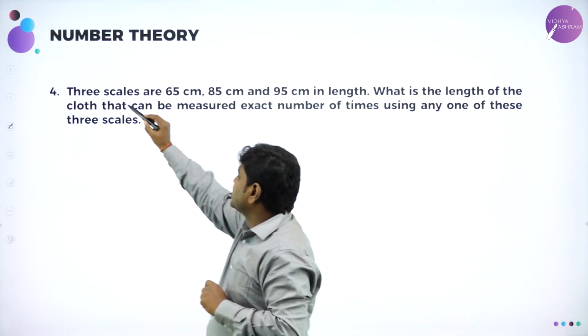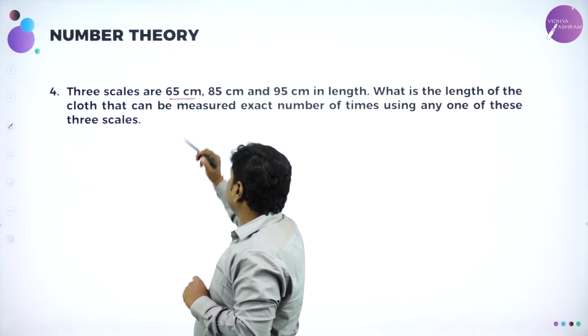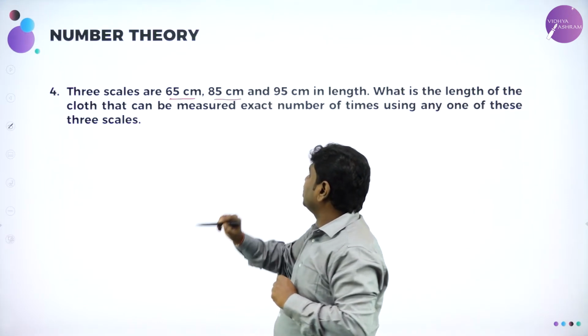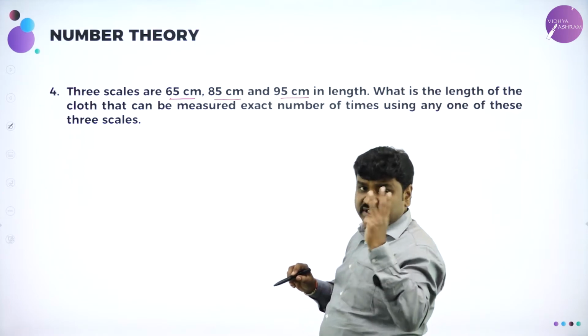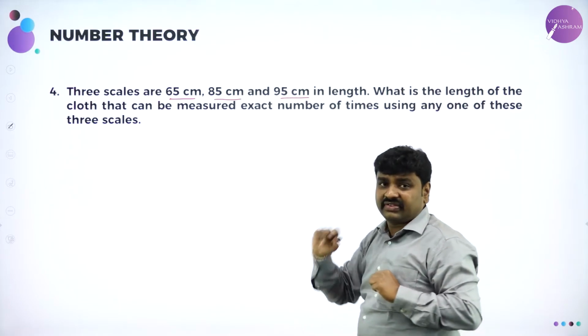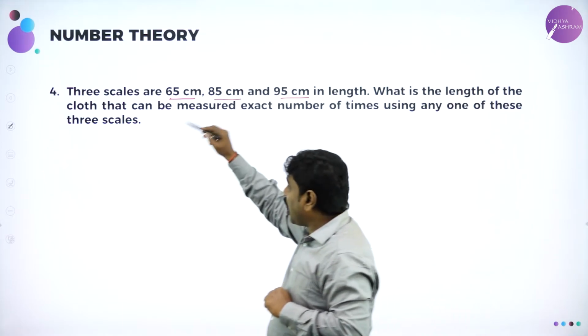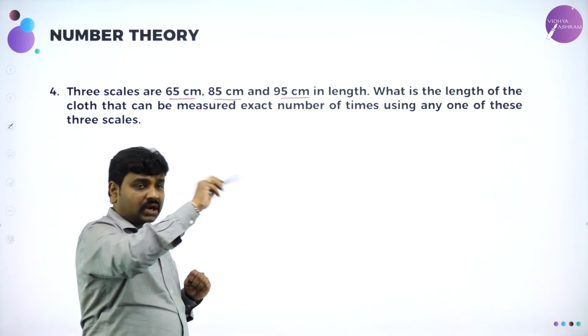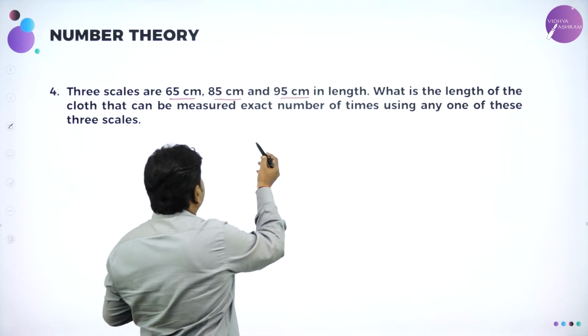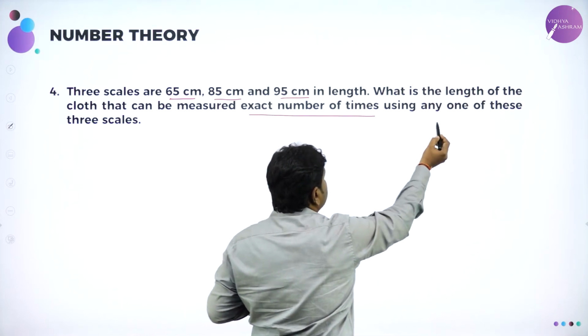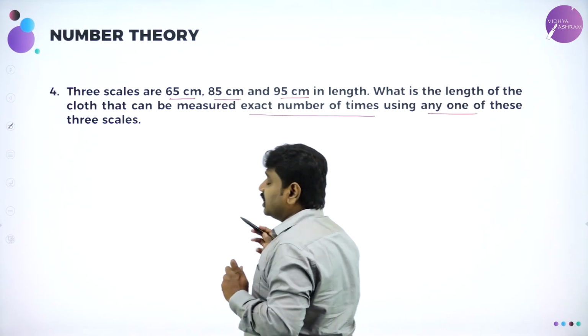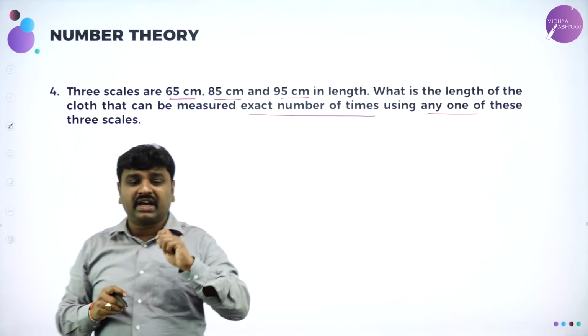They told 3 scales are 65 centimeter, 85 centimeter and 95 centimeter. 3 scales, they give their lengths. What is the length of the cloth that can be measured an exact number of times using any of these? Any of these exactly measured.